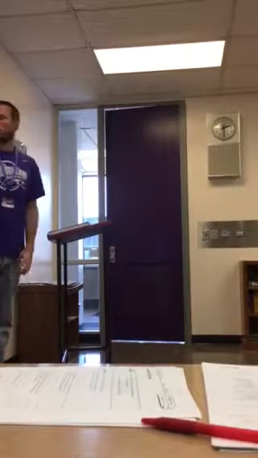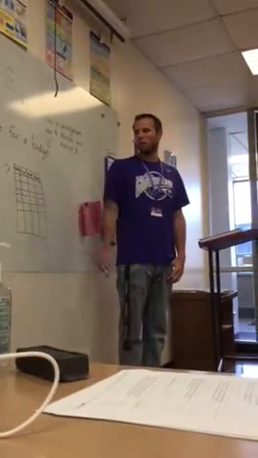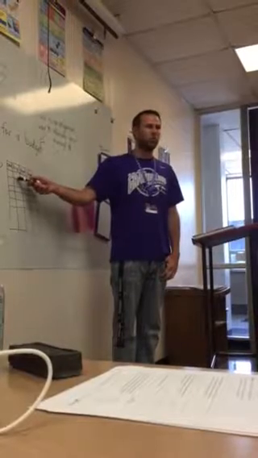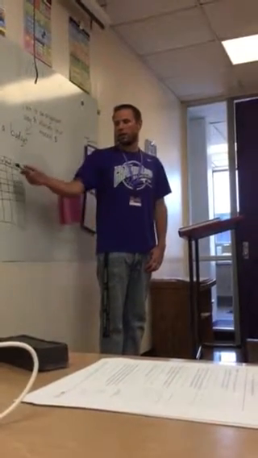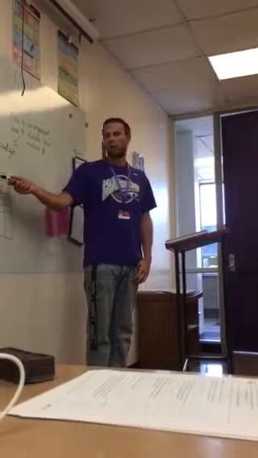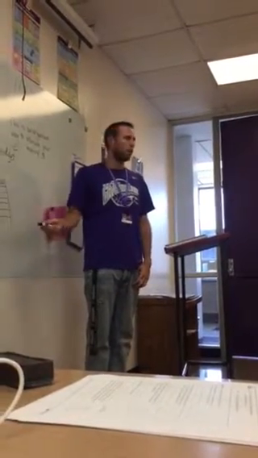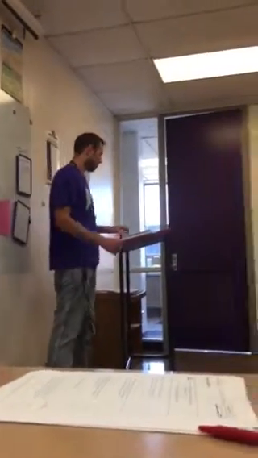Across the top, for your first box in the top left corner, I want you to put the item. In the second box, I want you to put the price. And then I want you to put a want in the third box across from the top, and then the fourth box is whether it's a need.